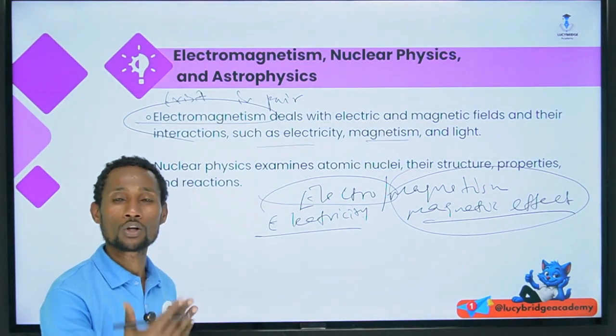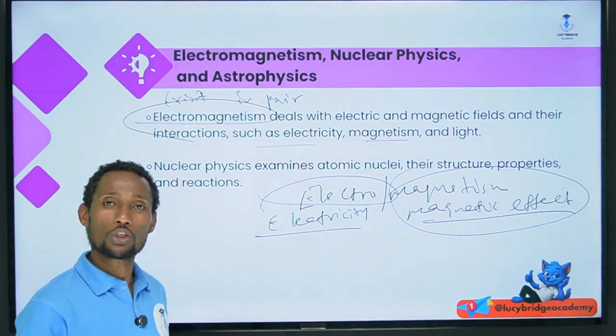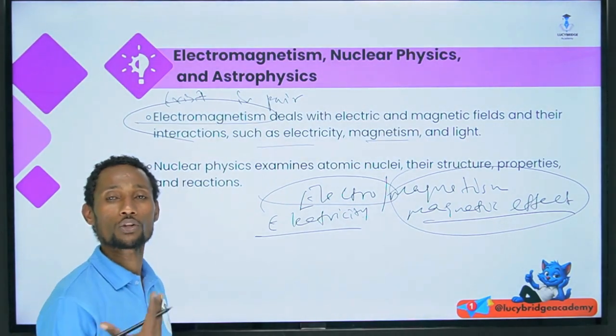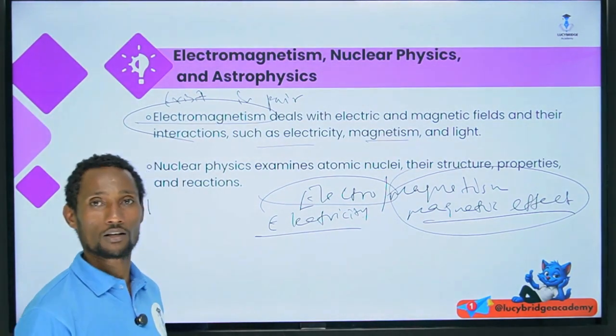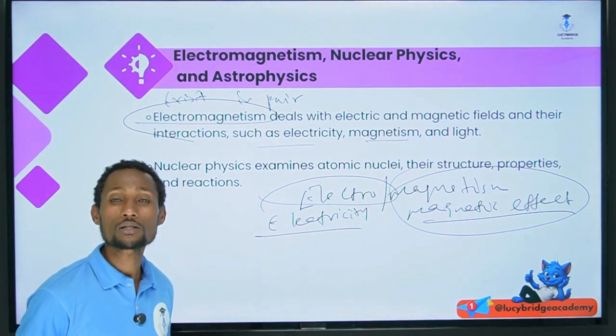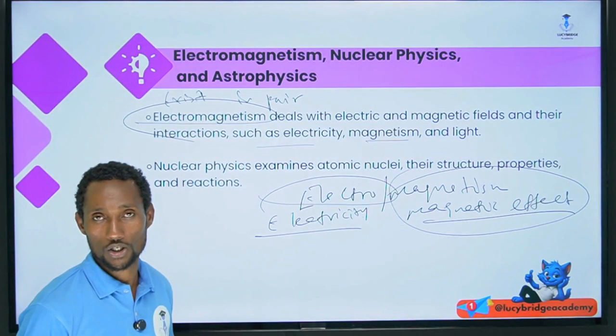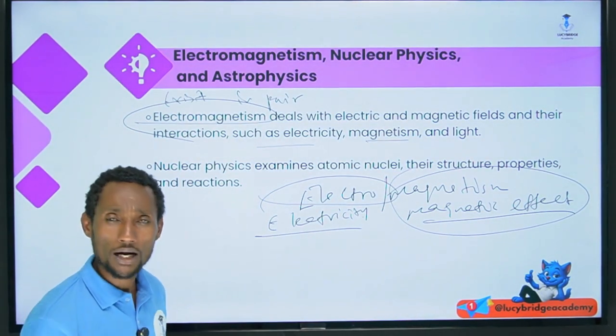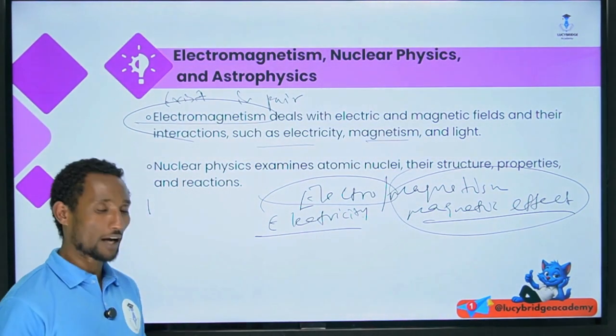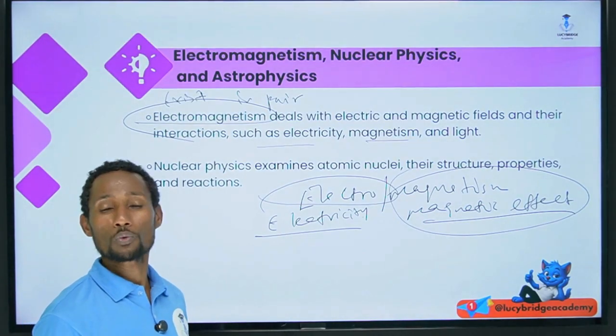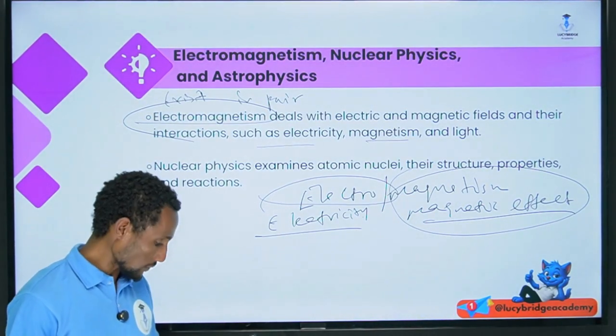Look at the electron and proton relationship: the electron and proton attract each other, whereas two electrons or two protons repel each other, because like charges repel each other, but unlike charges attract each other. This is the magnetic effect. By this, all matter in nature is electrical in nature.